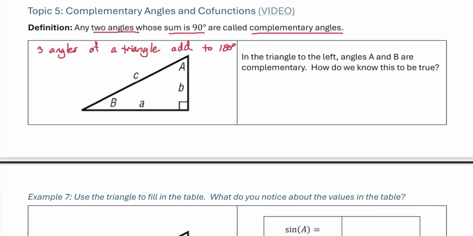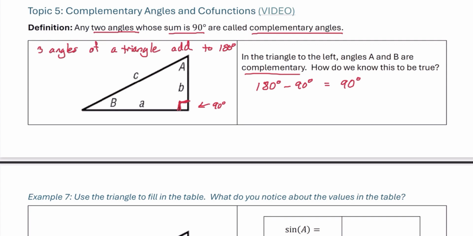Notice that in this visual we do have a 90-degree angle, so we're looking at a right triangle. That'll be helpful for what we're doing here. In this triangle, notice that A and B are complementary angles, because if we look at the total measures 180 degrees and subtract this 90-degree angle, what's left over is 90 degrees.